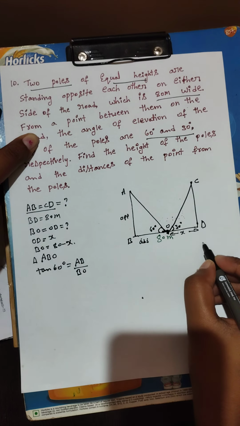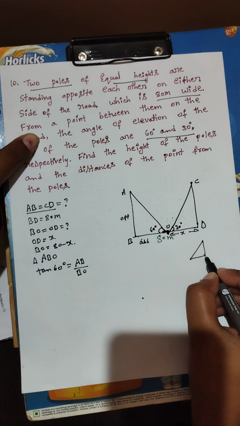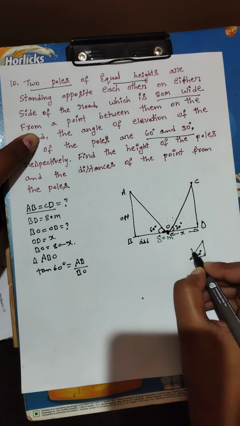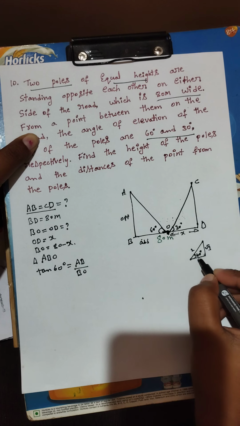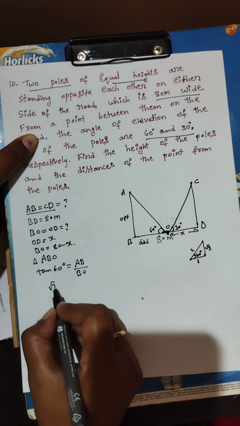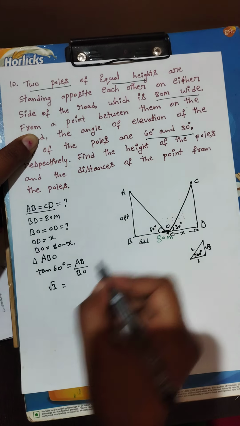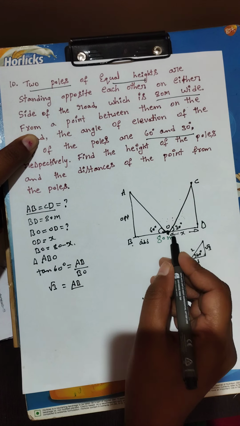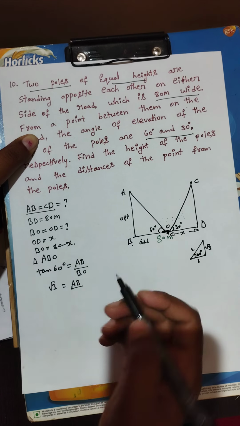According to the standard trigonometric ratio values, from the equilateral triangle bisected, 60 degree, 1 to root 3. So tan 60 is opposite by adjacent, that is root 3. Root 3 is equal to AB, which we have to calculate, divided by BO. And BO is what? It is 80 minus x.